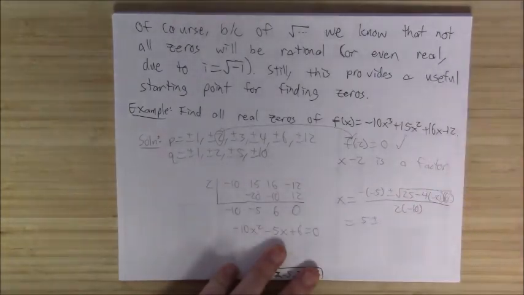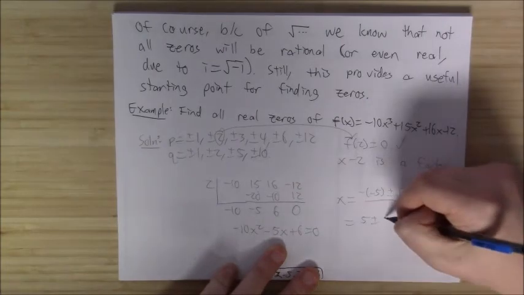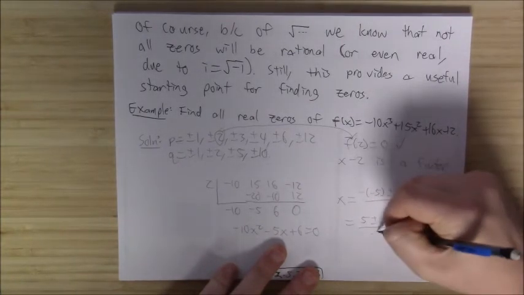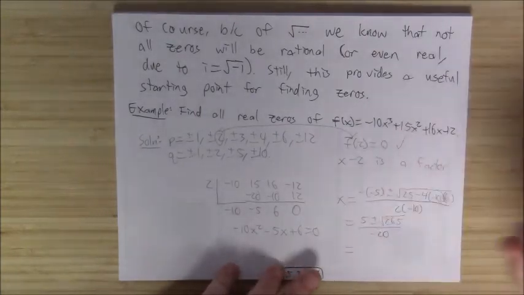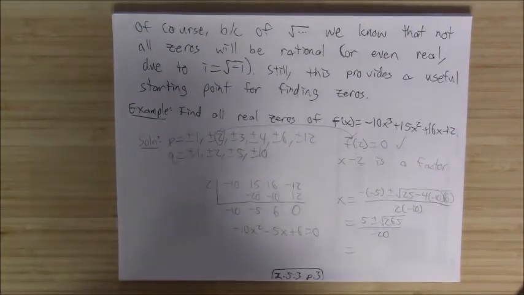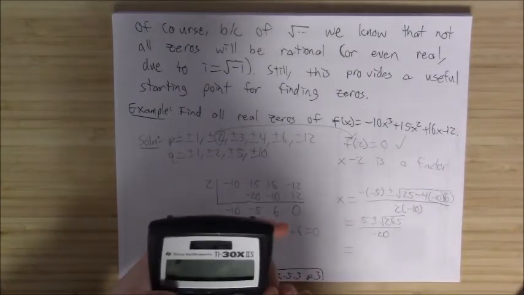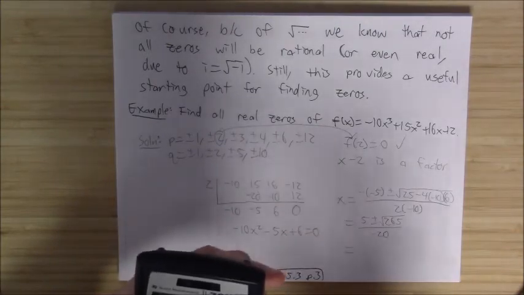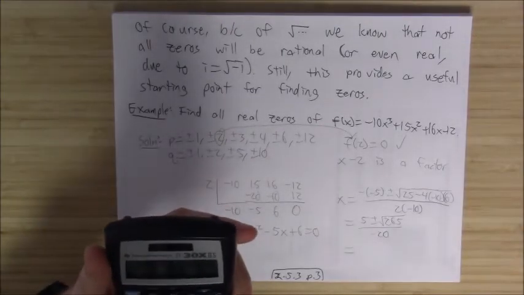So, 4 times 6 is 24, 240 plus 25 is 265, all over negative 20. Reducing that down, the square root of 265 is not a nice number.